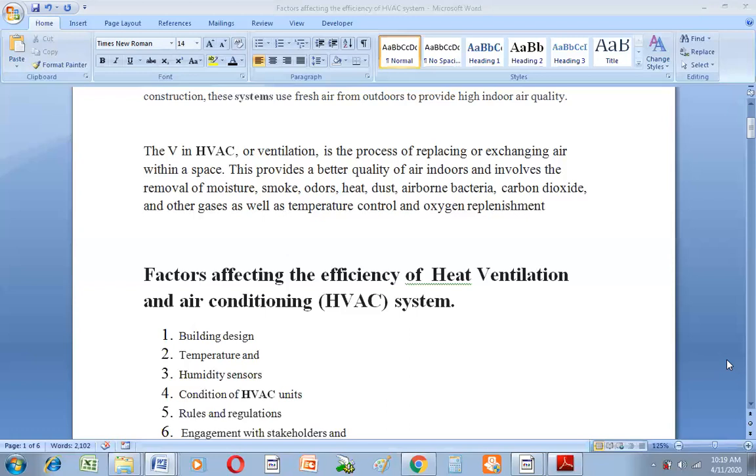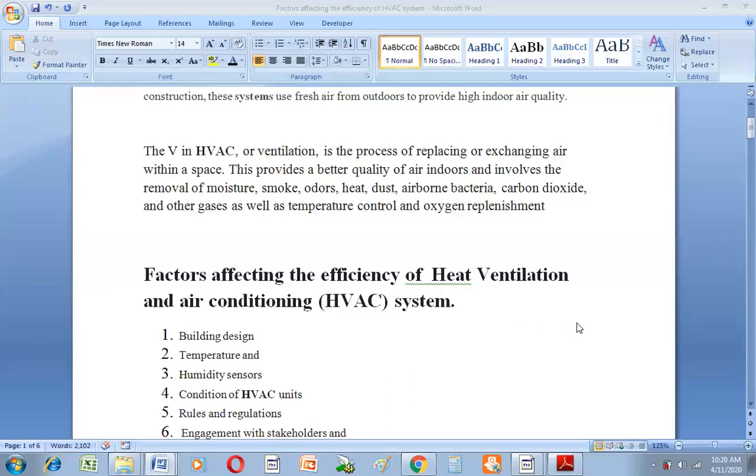If the building faces the sunlight, there will be direct sunlight on the walls and the walls will be heated. But if the building is designed such that there is no direct sunlight on it, the walls will not be heated much, and there will not be much load on the HVAC system.